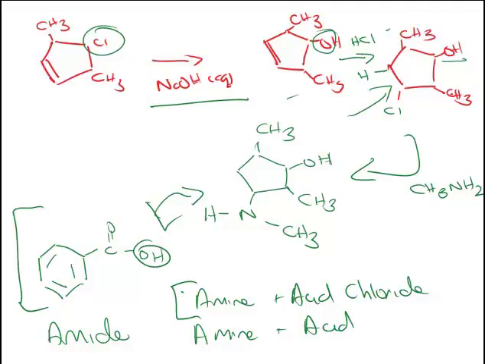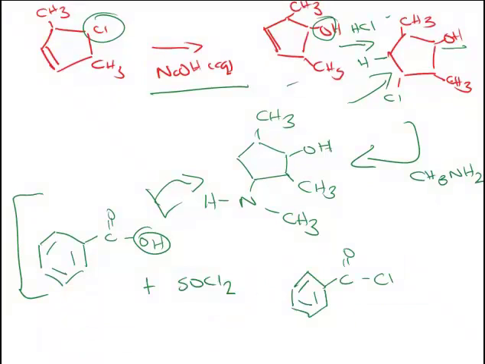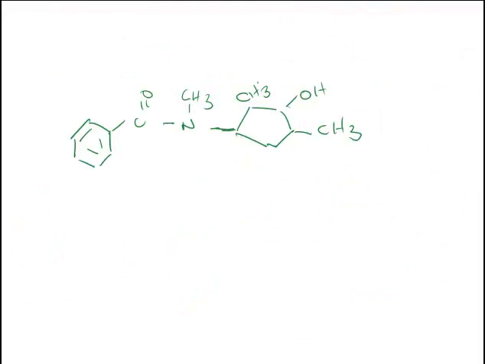So we need to turn this into an acid chloride first, and then from there we can react it with the amine directly, and that should give us the product that we want. So when we do that, we add SOCl2 and we get this acid chloride, which then, if it combines with this, will make the following.